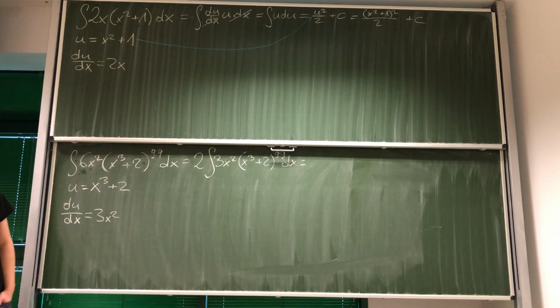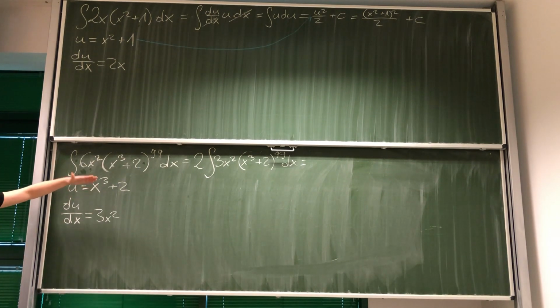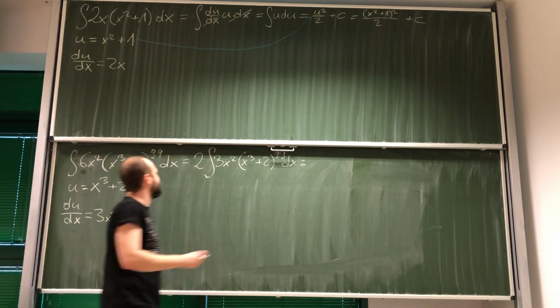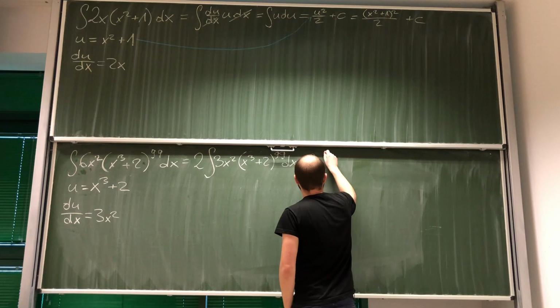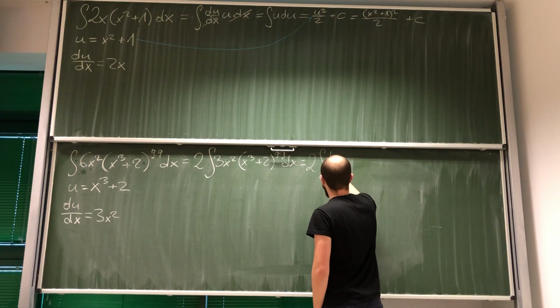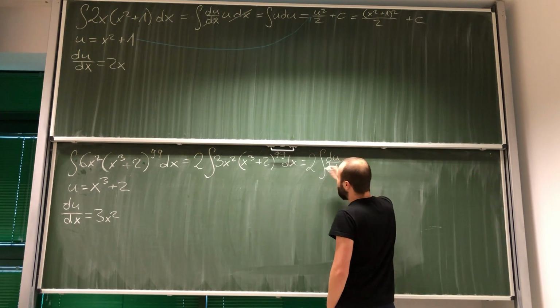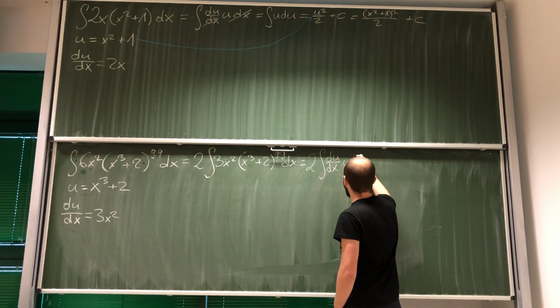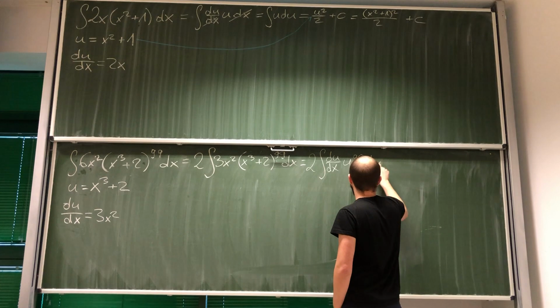Okay, so what can we do now? Look, now the case becomes trivial. All we need to do is to substitute. So we get that this is 2 times the integral of du dx times u to the power 99 dx.